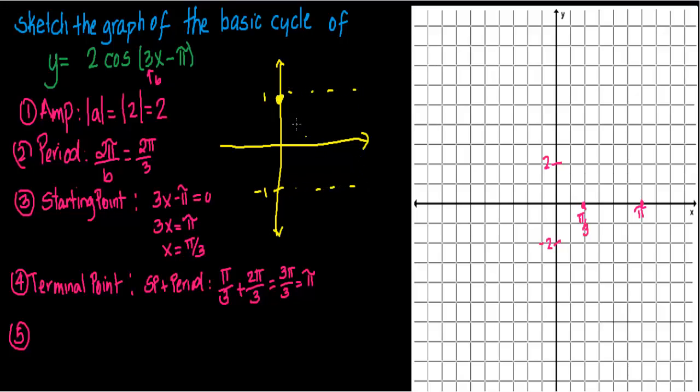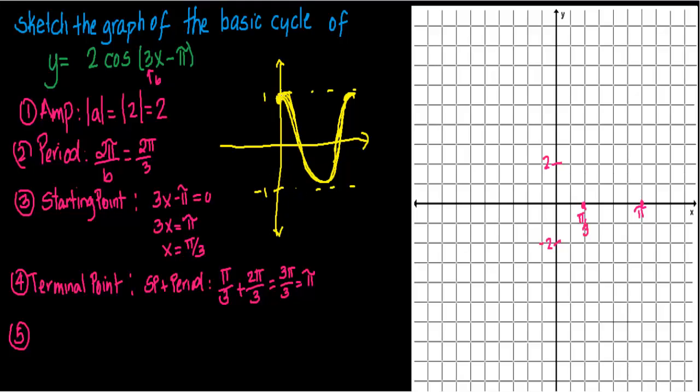Let me do these dashed lines, see if it's neater. So it'll come down, hit the 0, hit the minimum value, and come back up. And it ends at a curve, and this begins at a curve, like that. Yes, like that. Okay? There's your cosine. That's a normal cosine.